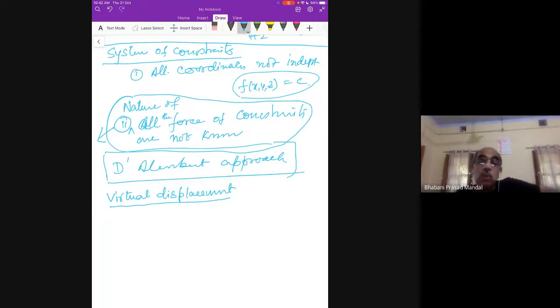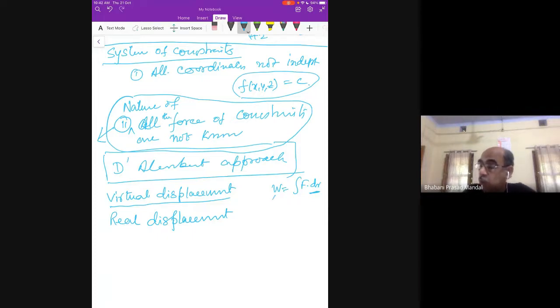And to do this, we need a concept which is called virtual displacement, and let me write real displacement too. You know the work done is related to displacement, right? Work done W equals F dot dr. If this dr is the virtual displacement, then this work will be virtual work done.